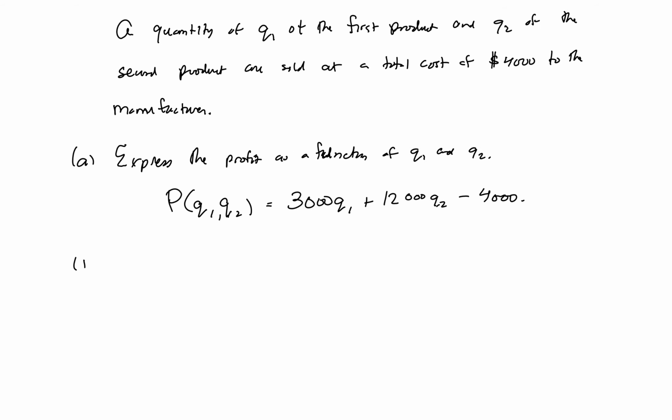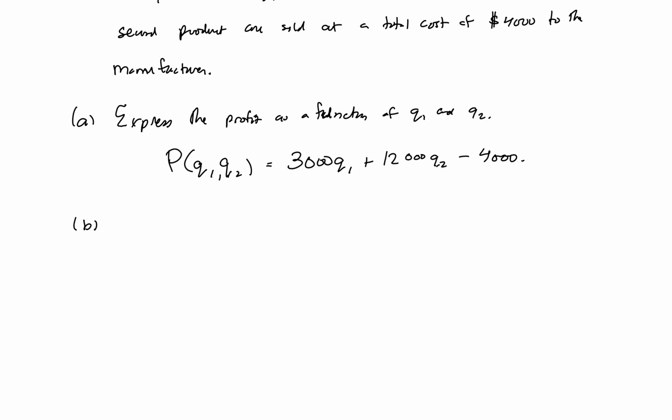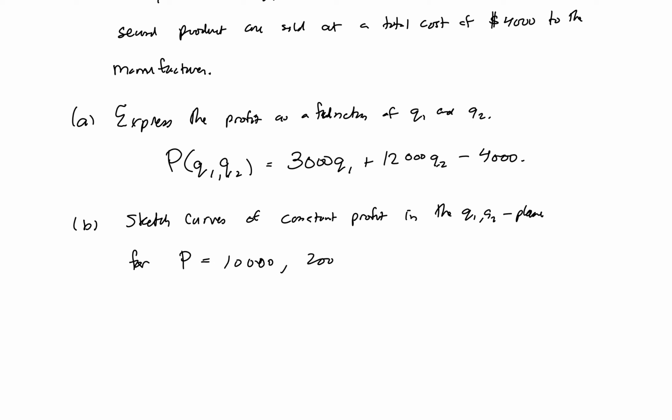Okay, and so for part B, let's sketch curves of constant profit in the Q1, Q2 plane for, say, profit of 10,000, 20,000, and then let's do the break-even point where we don't make any money.